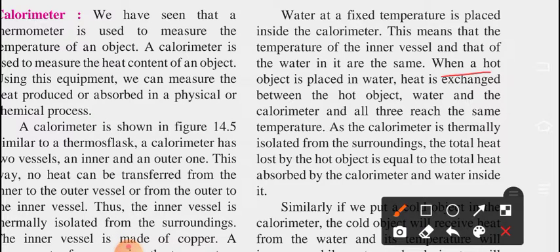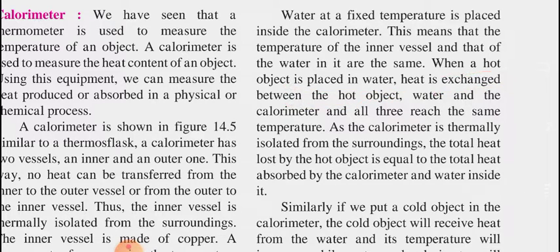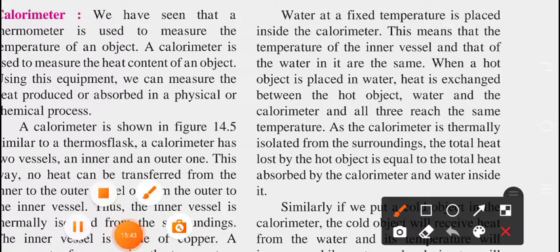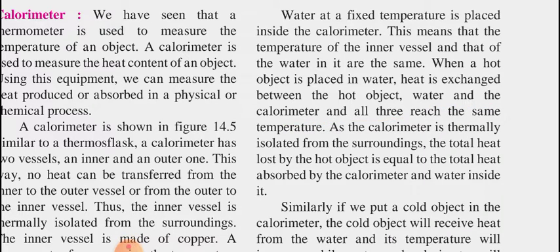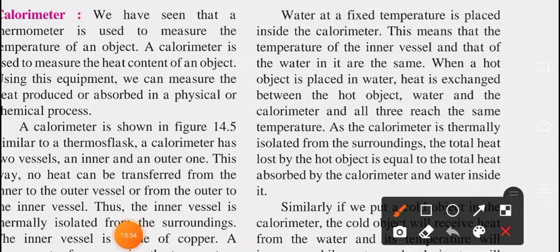When a hot object is placed in water, heat is exchanged between the hot object and the water. When you insert any object, heat gets exchanged, and the water, calorimeter and object all reach the same temperature.